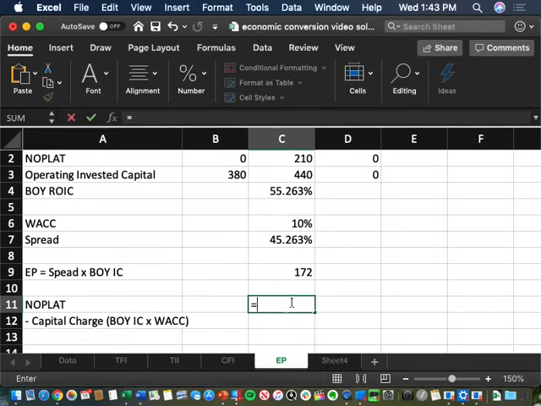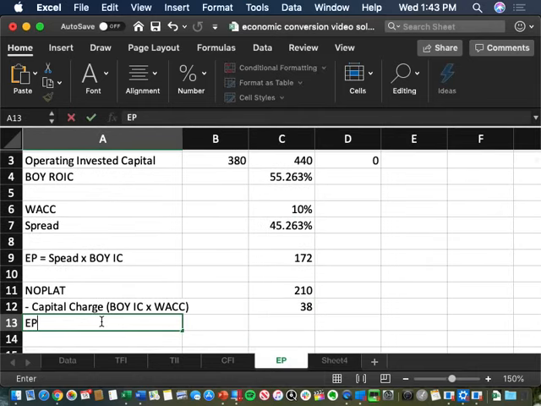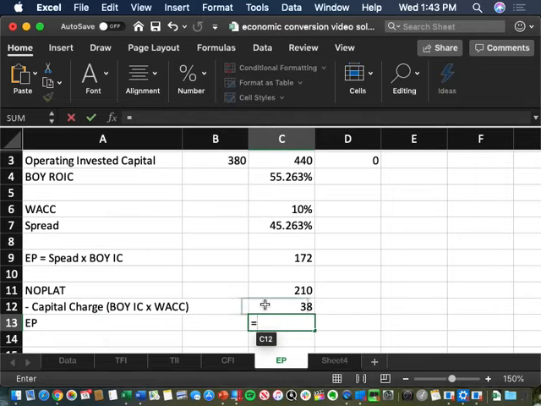So my NOPLAT is 210. My invested capital is 380. I needed to make 10% on 380. I needed to make 38. How much did I actually generate in value? Made 210. Needed to make 38. I did 172 better than what I needed to make. Method number 2. Balancing EP.